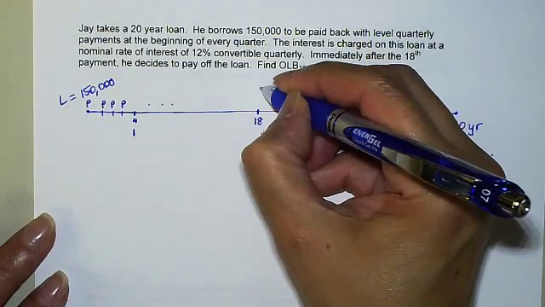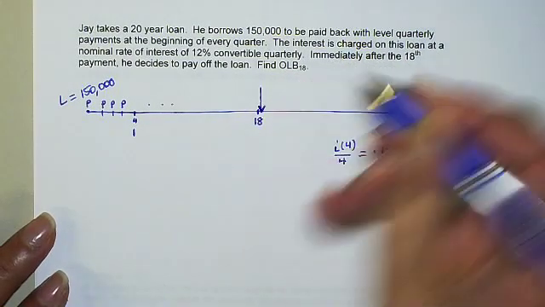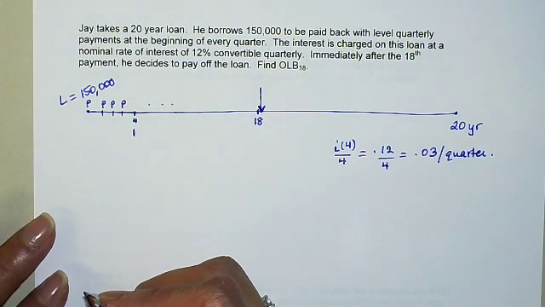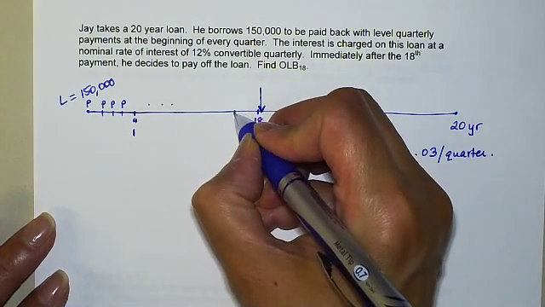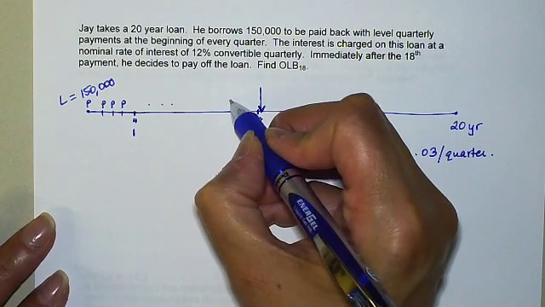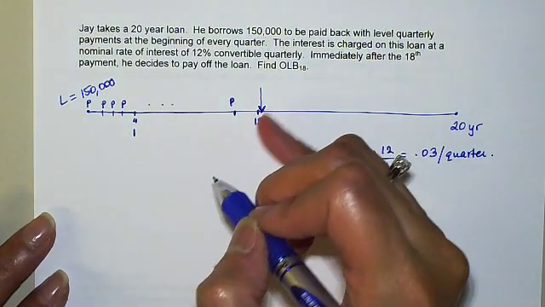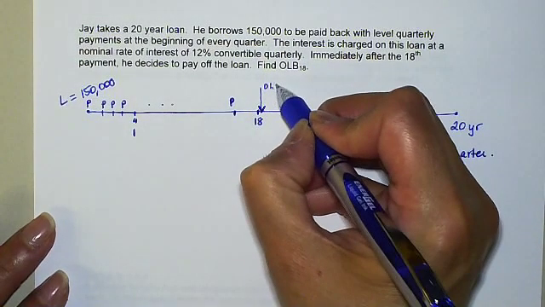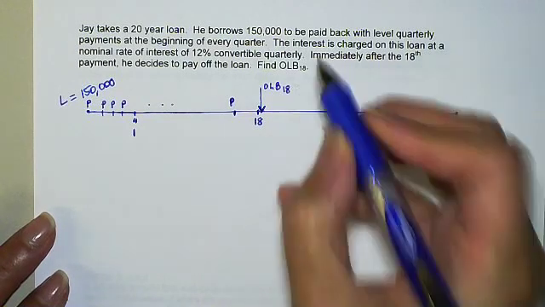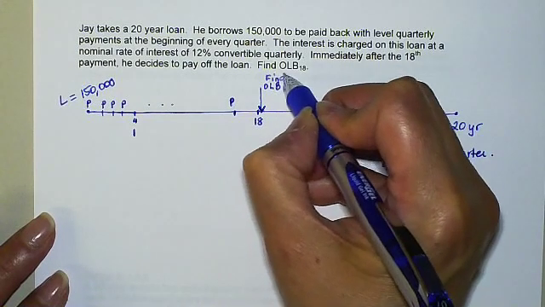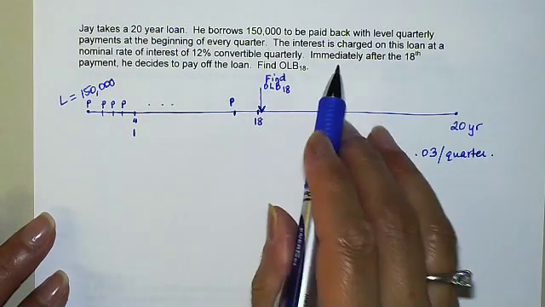Immediately after the 18th payment, he decides to pay off the loan. So I'm here. 18. Decides to pay off the loan. But the 18th payment actually happens at time 17, right?